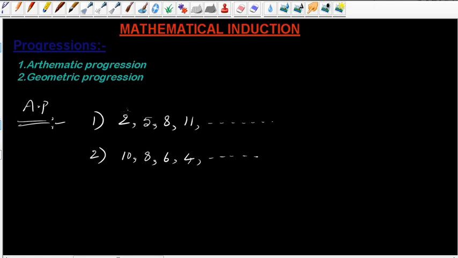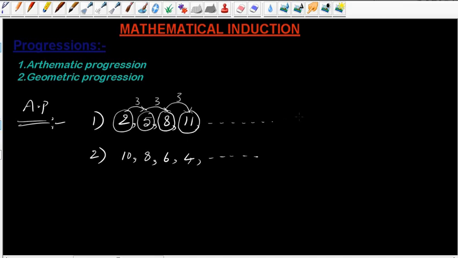The first term is 2, the second term is 5, the next term is 8, the next term is 11. If you add 3 to the first term, you will get 5. Then add 3 to 5, you will get 8. Again add 3, you will get 11. That means the very next term is obtained by adding 3 to its preceding term.